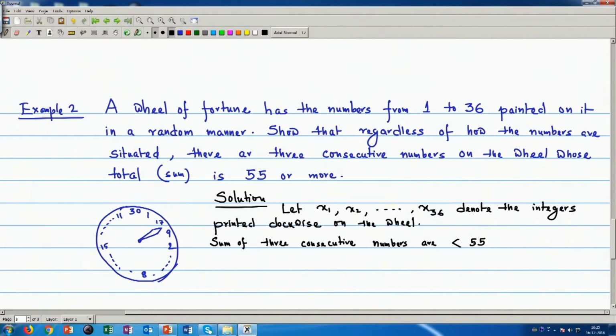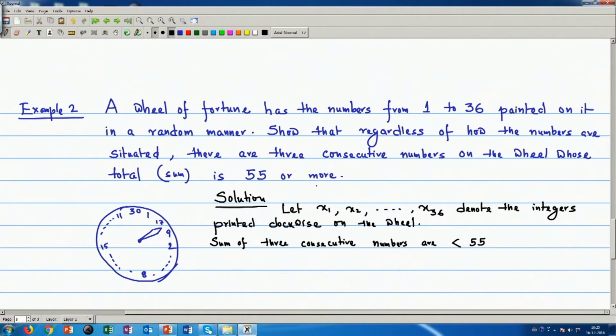Because the problem statement tells us that there are 3 consecutive numbers on the wheel whose total sum is 55 or more.